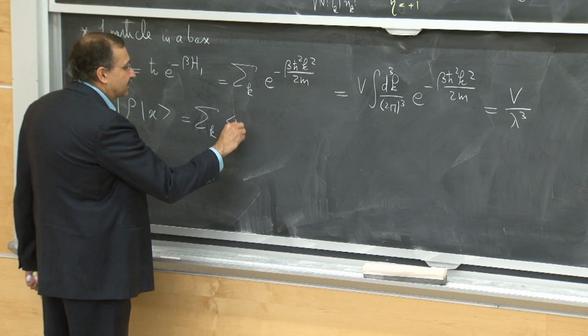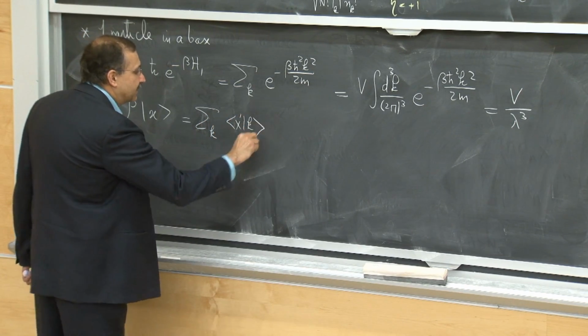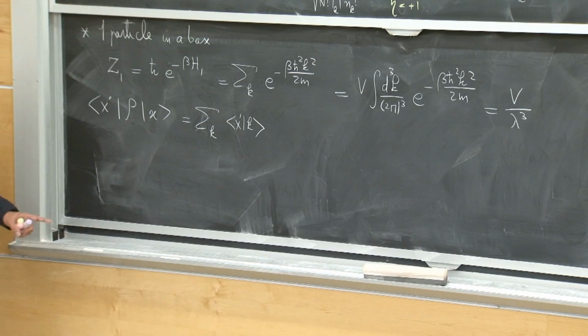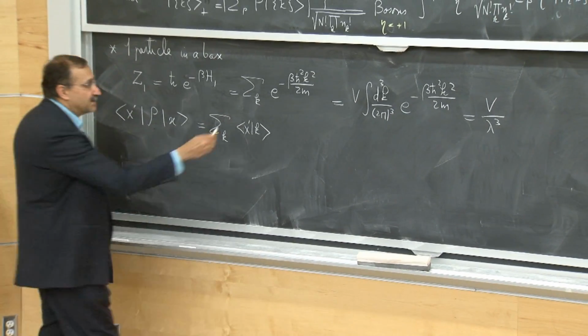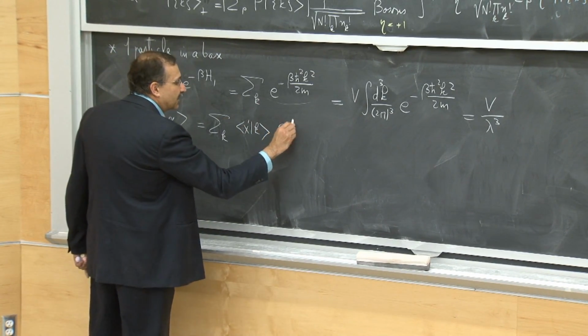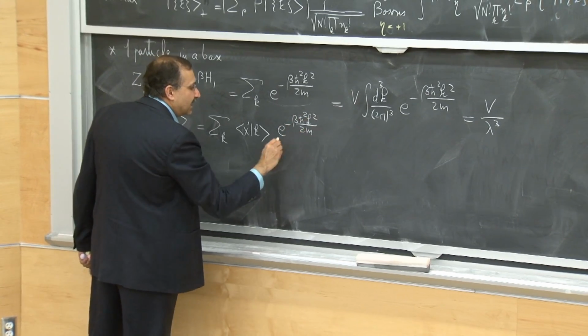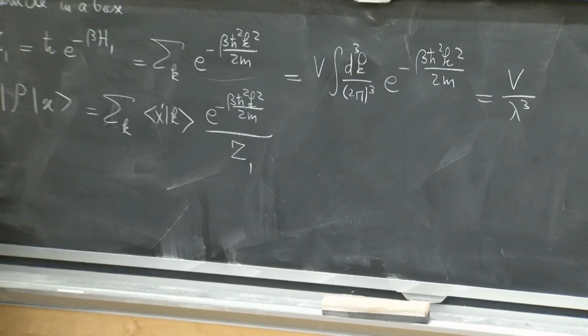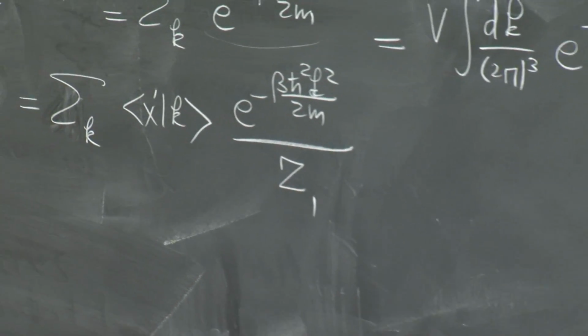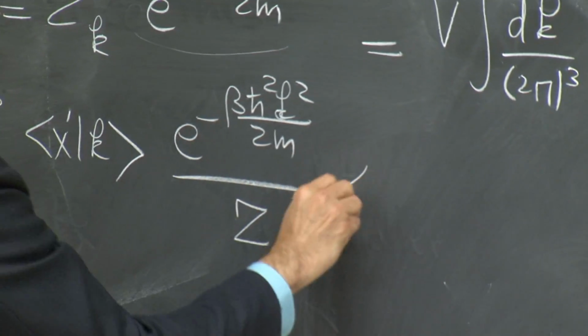So we had x prime k. In the k basis, the density matrix is just this formula. It's the Boltzmann weight, appropriately normalized by Z1. And then we go to kx.